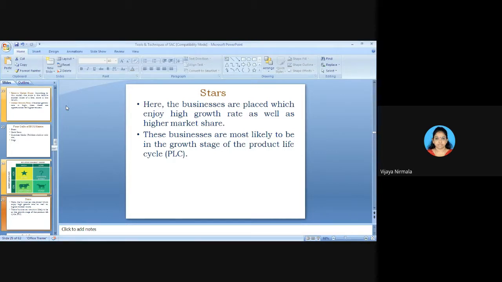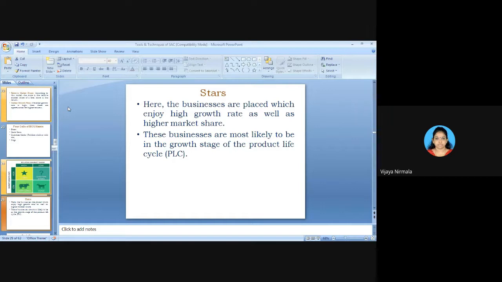So these businesses are most likely to be in the growth stage of the product life cycle.